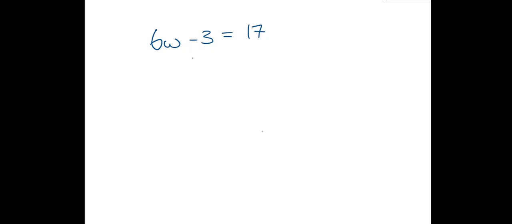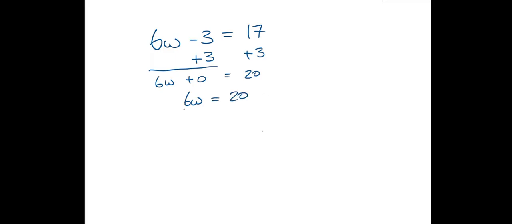It's negative 3, so we want to add 3 to both sides. And a car alarm has gone off in the distance. So when we do that, minus 3 plus 3 is 0. 17 plus 3 is 20. So we have 6w equals 20.